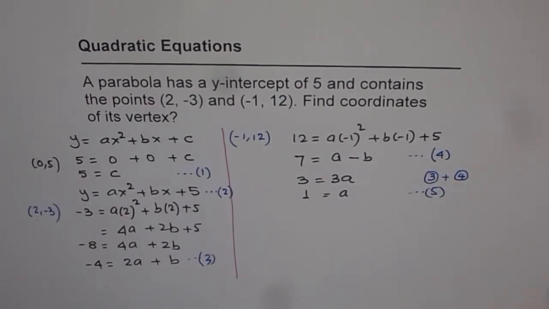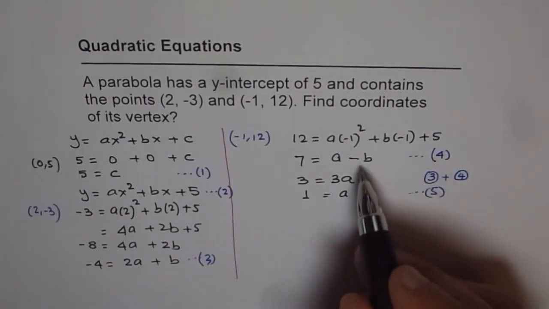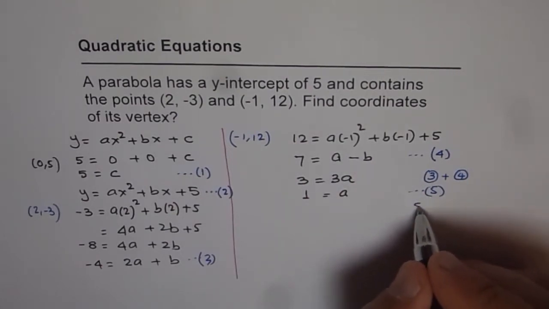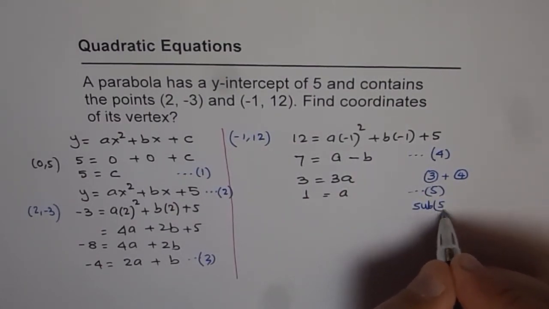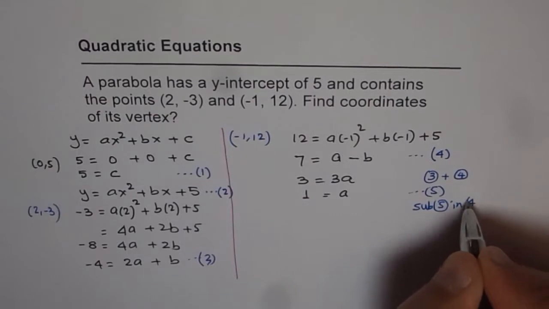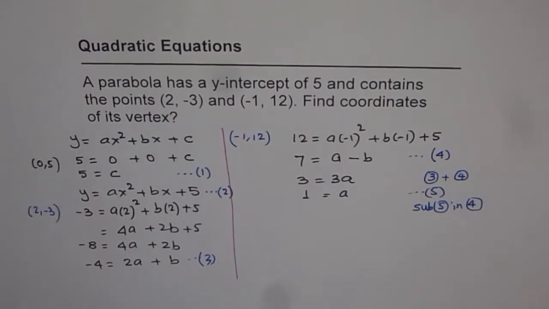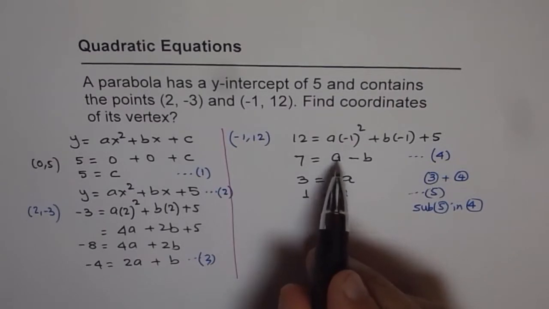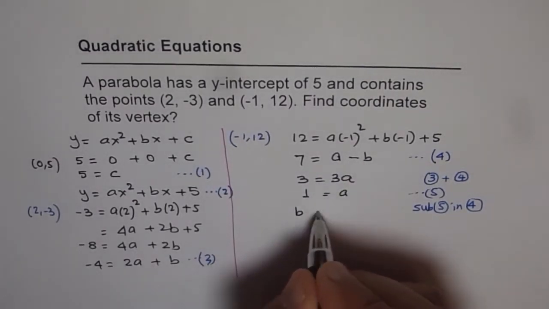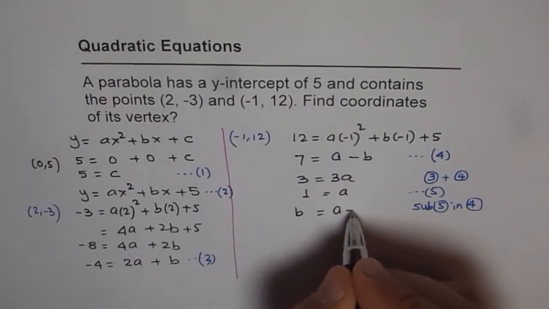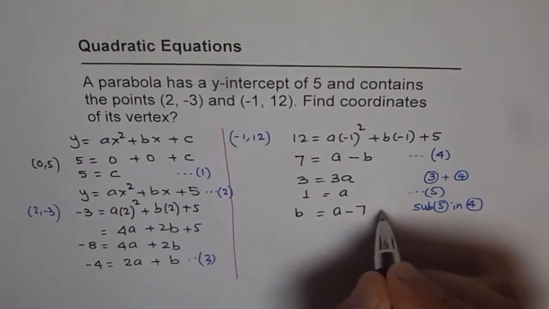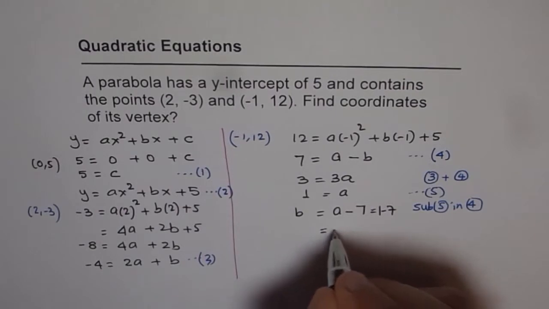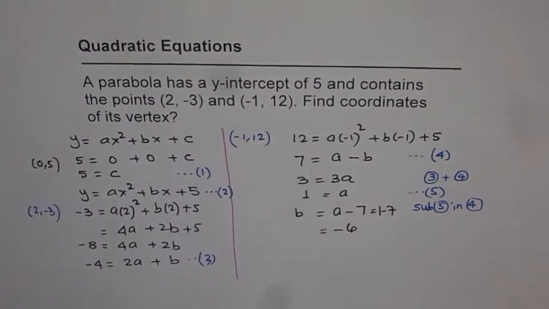Now we can substitute 5 in 4 to get b. That is how we can systematically solve our equations. We substitute 1 for a, so b = a - 7, which is 1 minus 7. So b = -6.